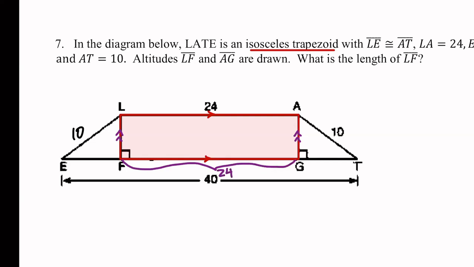So if that piece is 24, then we're going to have 16 left over for these two sides here, right? They want the length of LF. They want this piece here. I need some kind of justification to say that these two line segments are congruent. They certainly look like they are, but I want to be able to say certainly that they are.